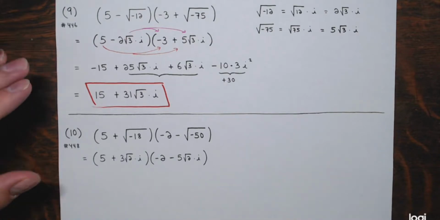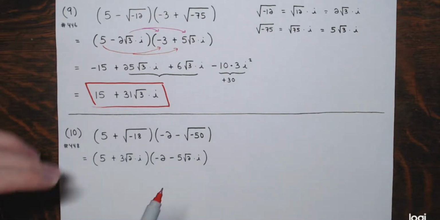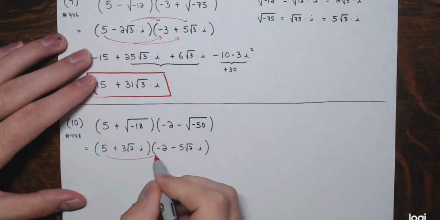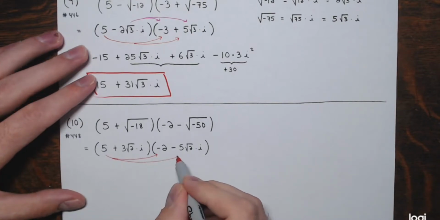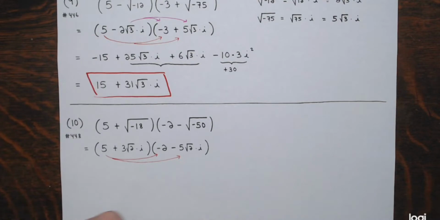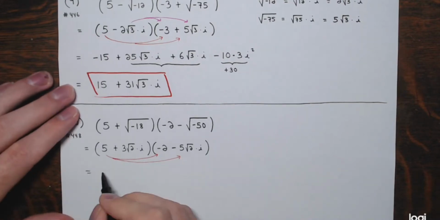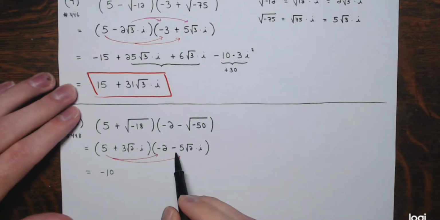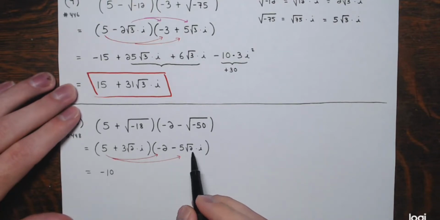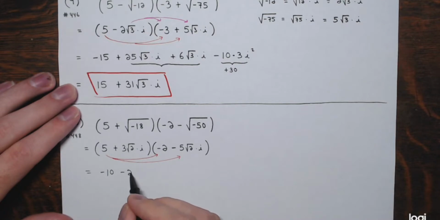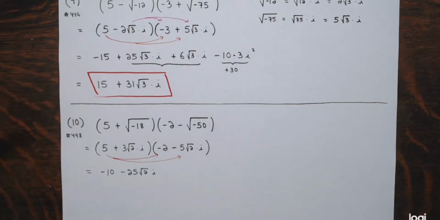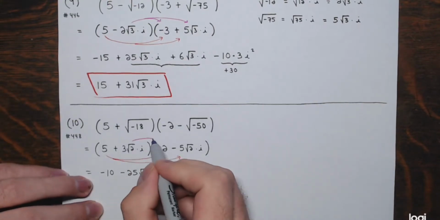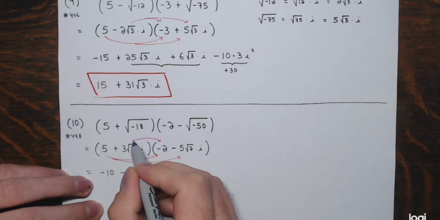Okay, and then I do the same stuff, right? FOIL. We distribute the 5 here, and 5 times negative 2 is negative 10. 5 times negative 5 root 2I would be negative 25 times the square root of 2 times I. Alright, now I'm done with the 5. Move over and distribute the 3 times the square root of 2 times I term.